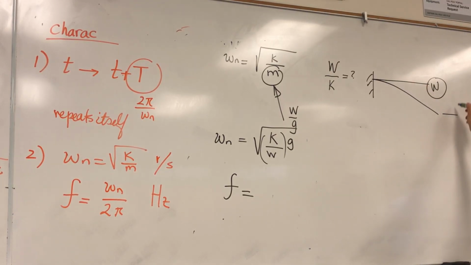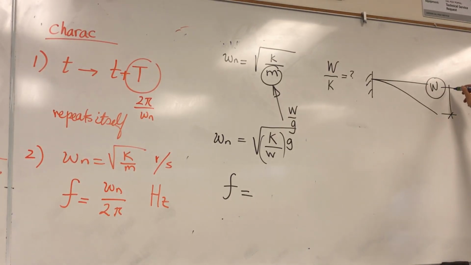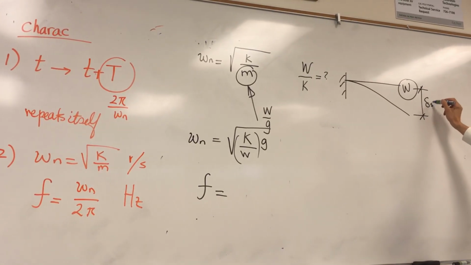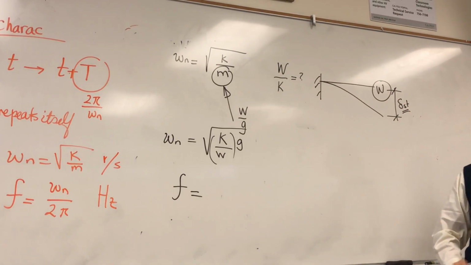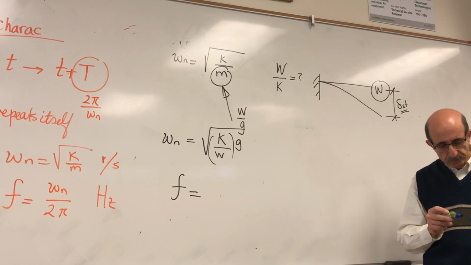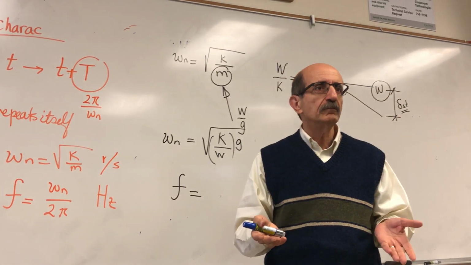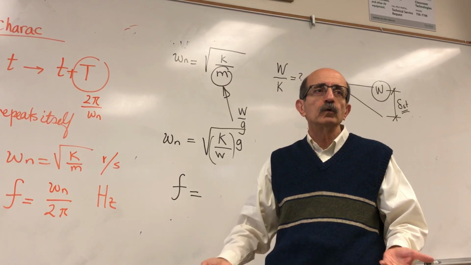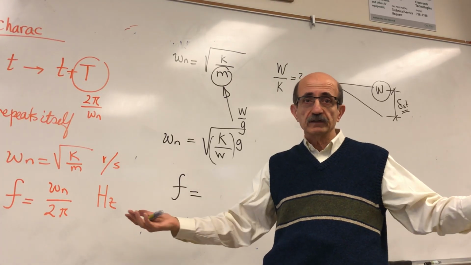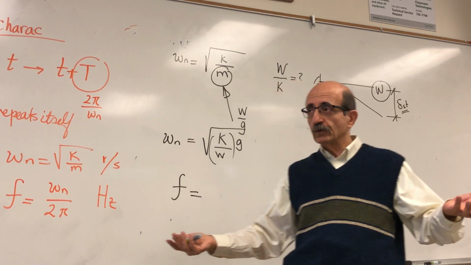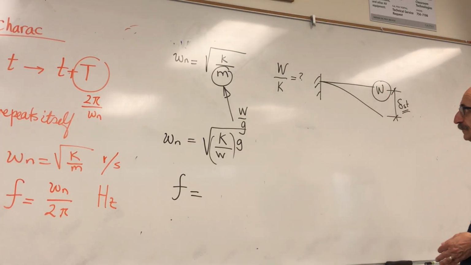That's the static displacement of this structure under its own weight. So W over K means the displacement of a system due to its own weight. It's a static quantity. It has nothing to do with dynamics or vibration.